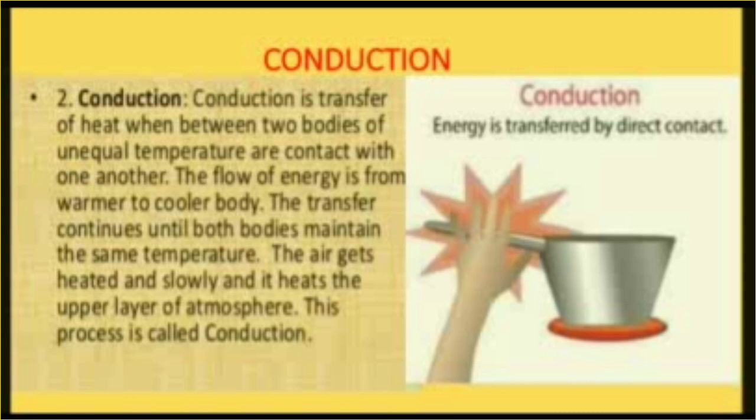If the land is heated up, it transfers the heat and the air gets heated up. But in the winter, what happens? When the land is cooled, the air above the land will also cool down, because the heat is transferring the same way. So conduction is confined only to the lower layers of the atmosphere, where air comes in contact with the Earth's surface.